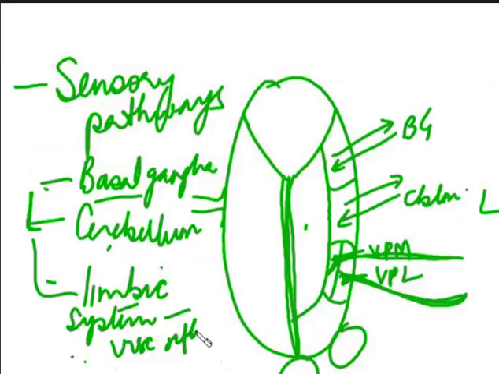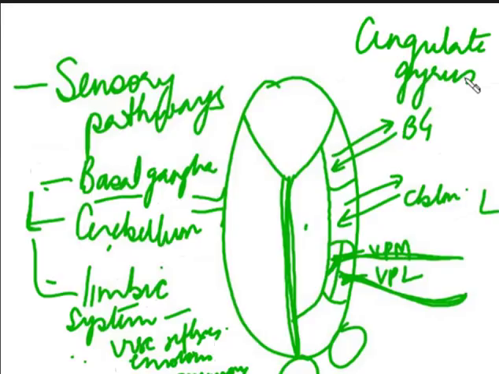You have emotions, memory, and a whole lot of things connected to this limbic system. And the thalamus is connected reciprocally to the limbic system. One of the parts of the limbic system is an area in the brain called the cingulate gyrus.